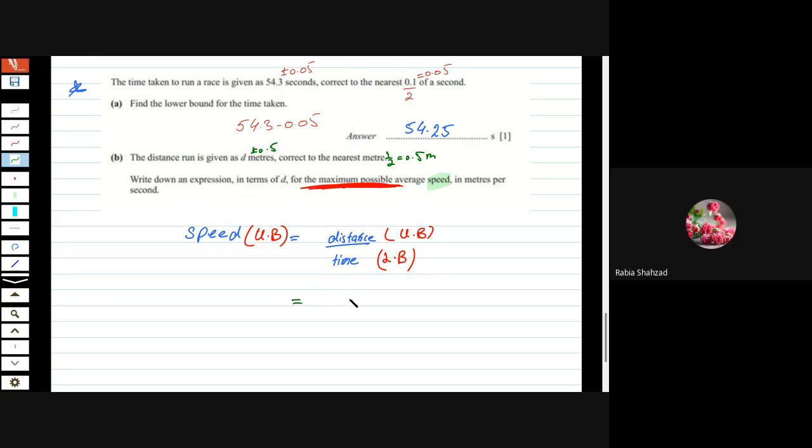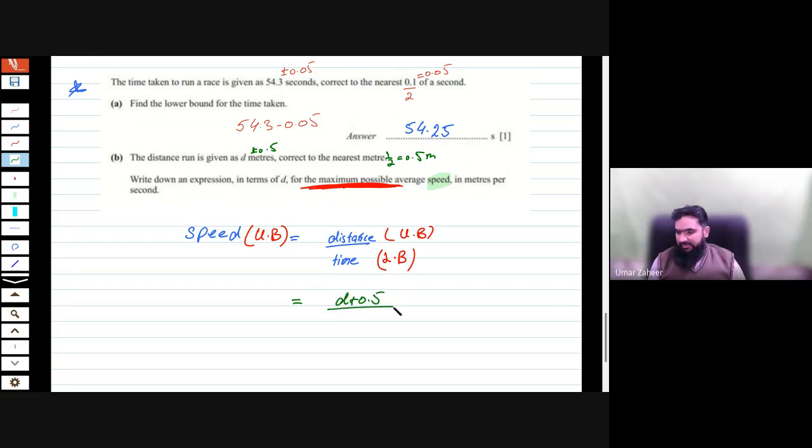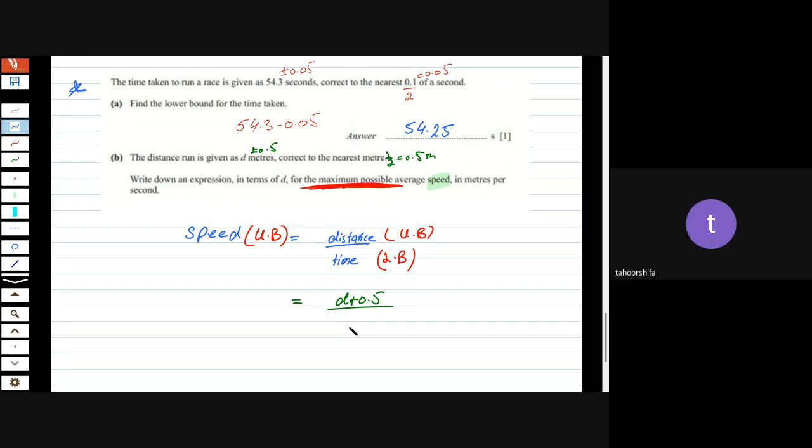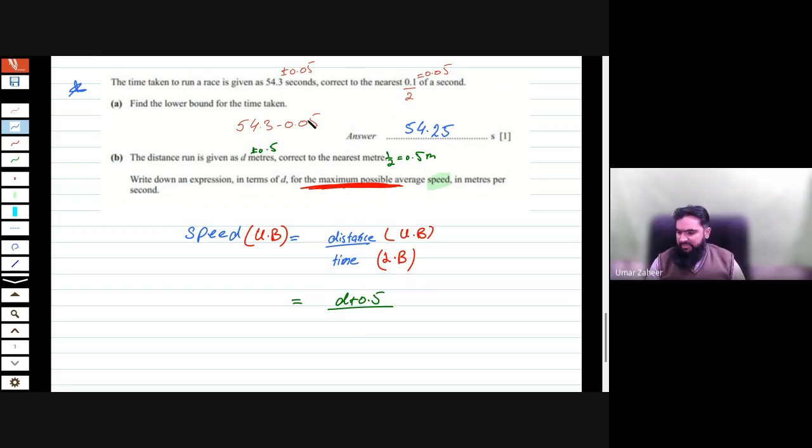Sir, it will be d plus 0.5, divided by the lower bound of time, 54.3 minus 0.05, which we already found. That is 54.25 meters per second.